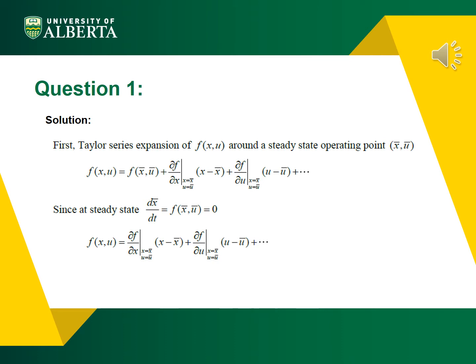So using Taylor series expansion around the steady state point, a nonlinear model can be converted to a linear model with the formula given below. And we know that at steady state there is no dynamics, which means the states don't change. So the differential d by dt of the state would be 0 at the steady state point. So the formula simplifies down to the one given here.